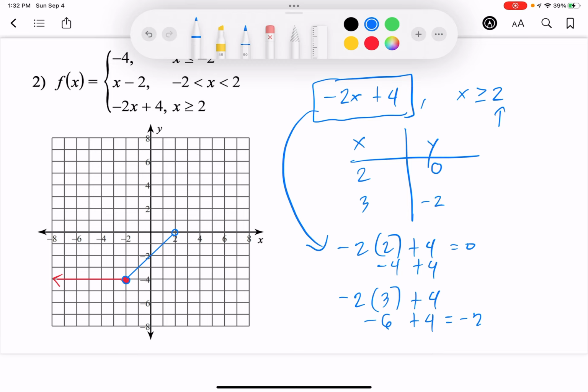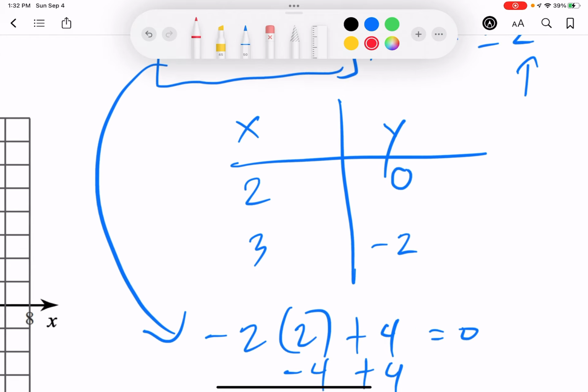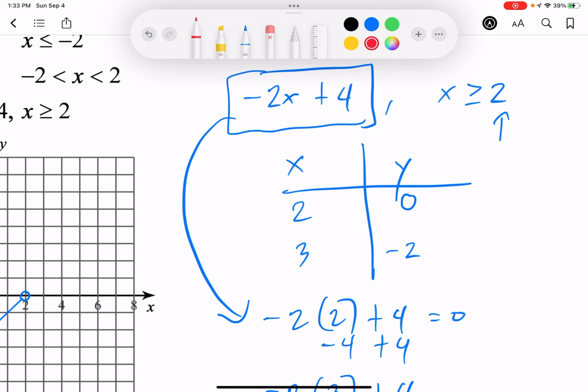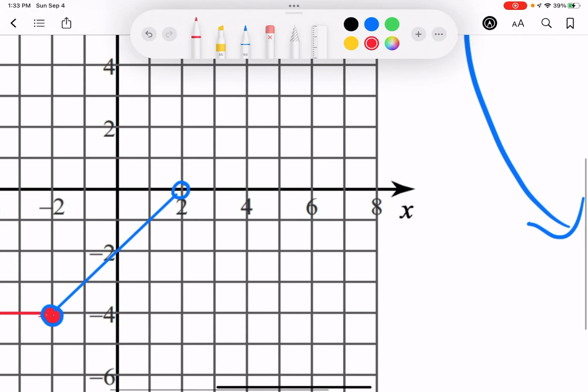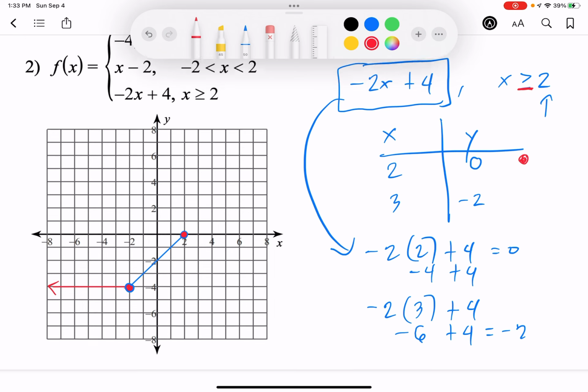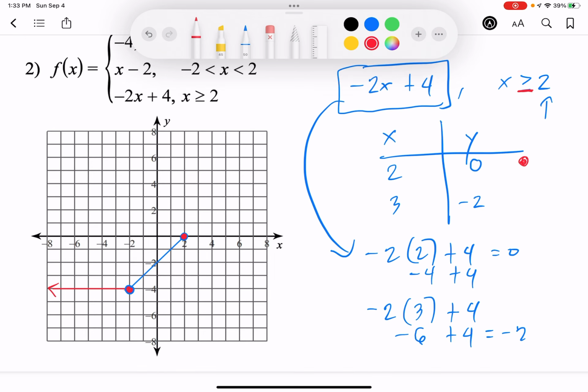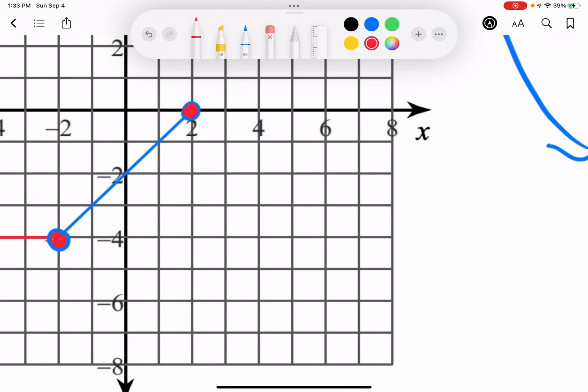Okay? So we're now ready to plot the 2 points. Yung unang point ay 2, 0. Dito gagamit tayo ng solid kasi kasama na siya. Equal na siya. Equal to 2 na siya. So, at 2, 0, still 2, 0. Napunan ko siya dahil dun. Ayan. 2, 0. And then, 3, negative 2 somewhere here.